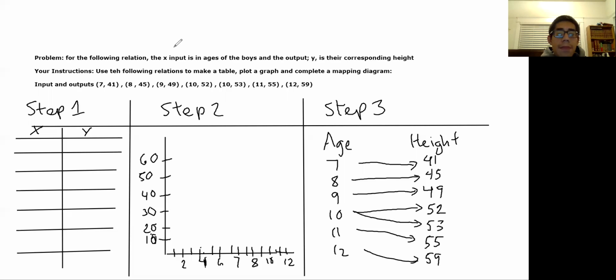Our first step, and this is what I want you to do as well whenever you're doing these problems, is to make a table, like I have in step 1. I have x on the right hand side and y on the left hand side. I'm going to list all my x values. Here I'm going to write 7, because that's my x value here, 8 because that's my next one, 9.